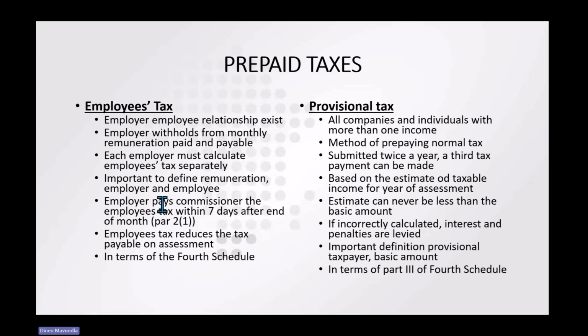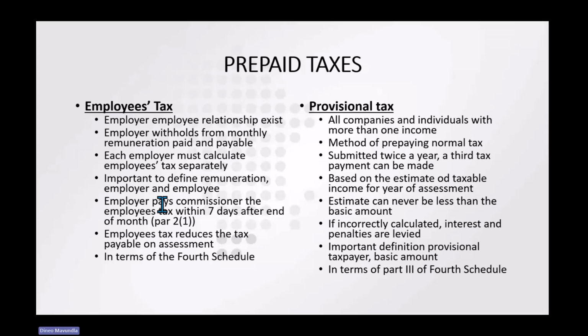That is amounts that are paid to independent contractors in respect of services rendered, government pensions and grants, so that's like our normal grants that are paid to our pensioners and for the children, that would not form part of our remuneration.